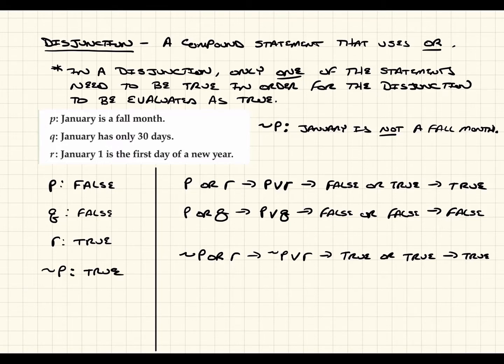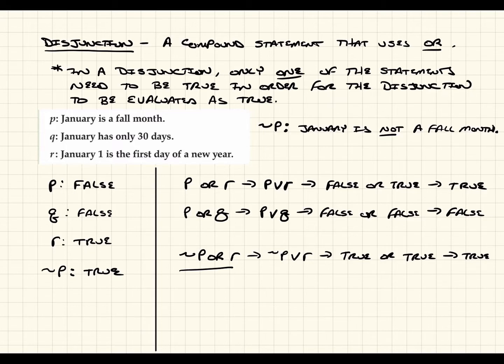Now our disjunction, not P or R. We can read that as the compound statement: January is not a fall month, or January 1st is the first day of the new year. The negation of P is true, and statement R is also true.